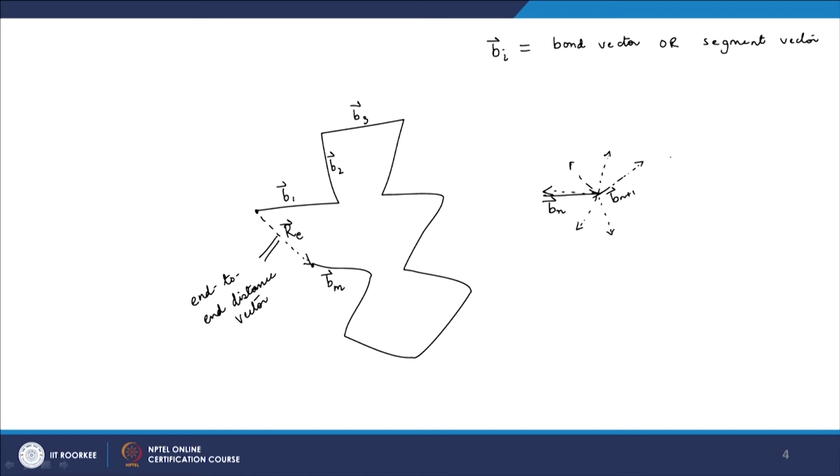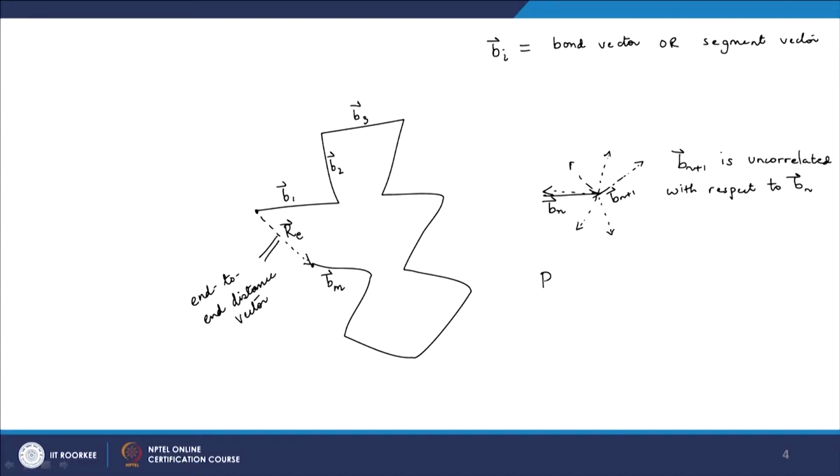So, Bn plus 1 is uncorrelated with respect to Bn. This really means that Bn plus 1 can be at any angle with respect to Bn. Okay.